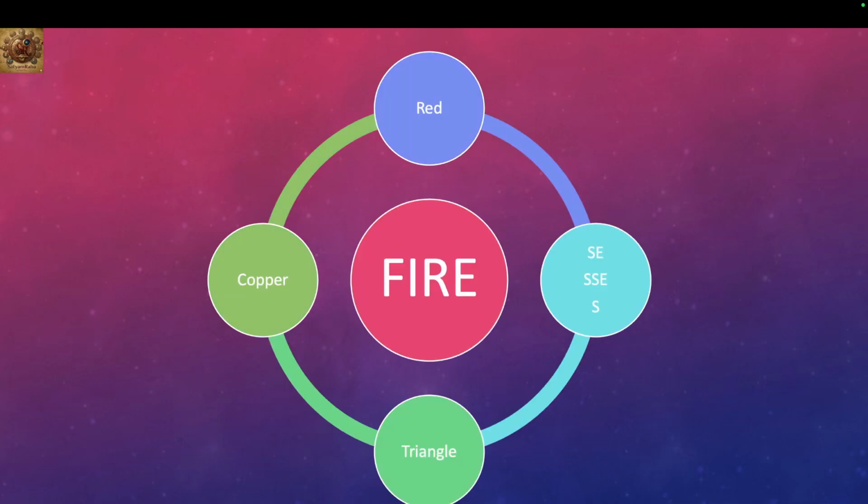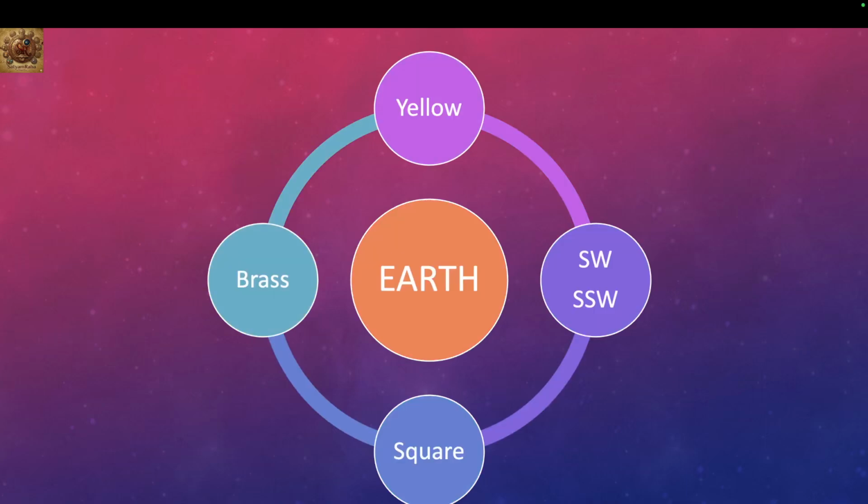Similarly, the fire element is red in color. Anything red is represented by the fire element. And the directions are southeast, south of southeast, and south. Any kind of triangular object is represented by the fire element, and copper is the metal of the fire element. Just write it down.